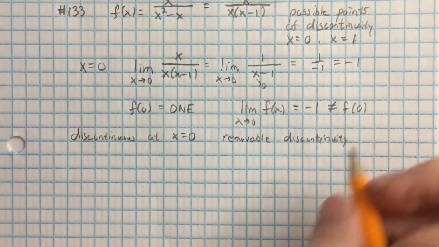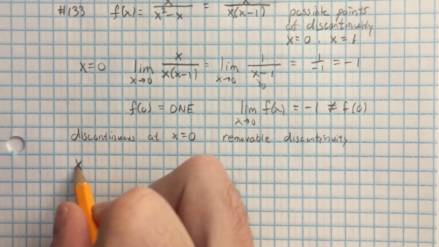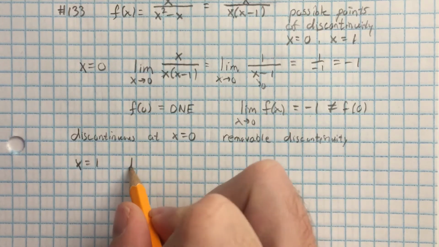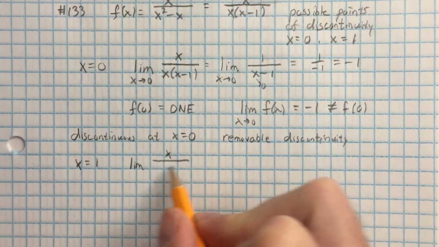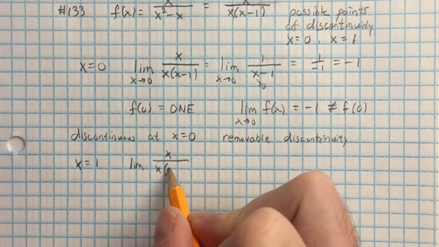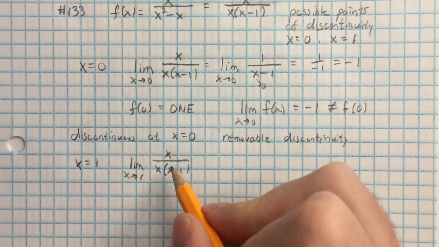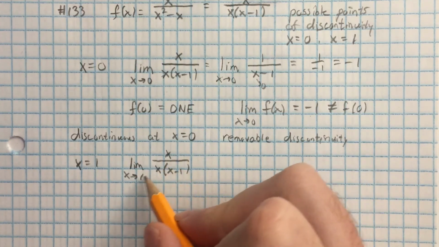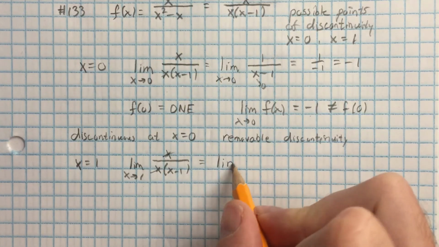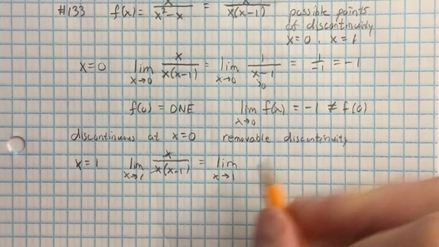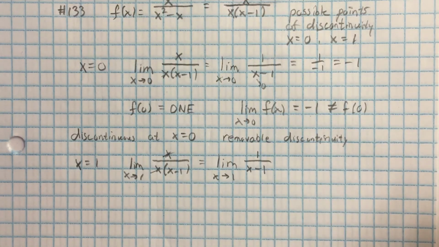So what about at x equals 1? What is happening there? We try to take the limit of this function as x approaches 1. For all x not 0, the cancellation still holds true, and we get the limit as x approaches 1 of 1 over x minus 1.